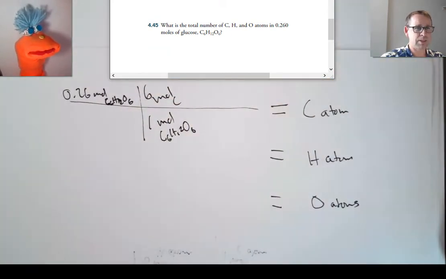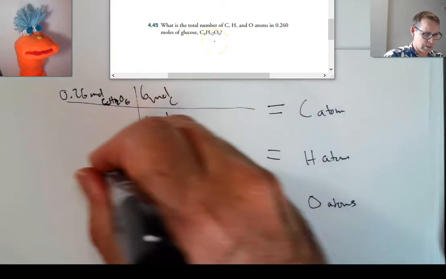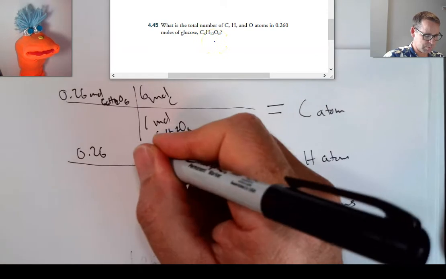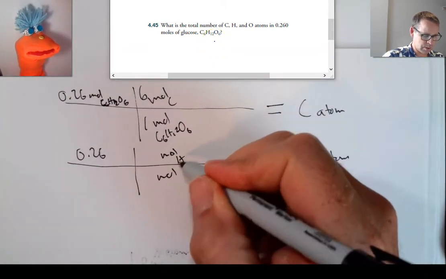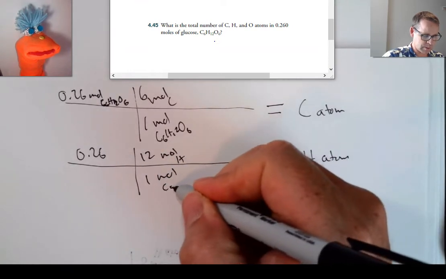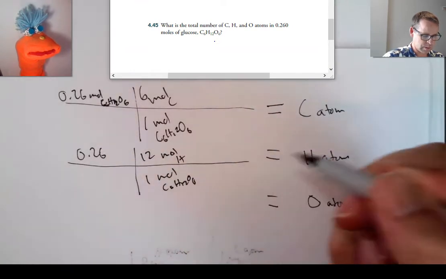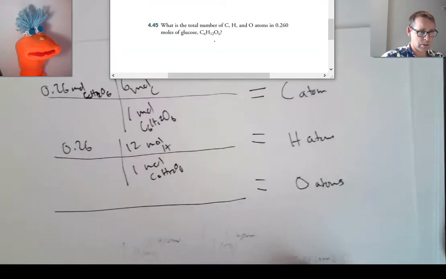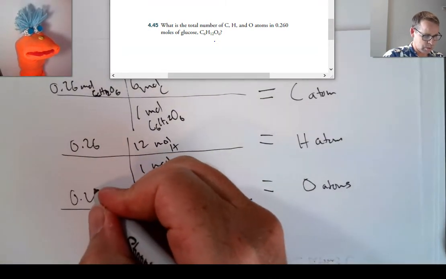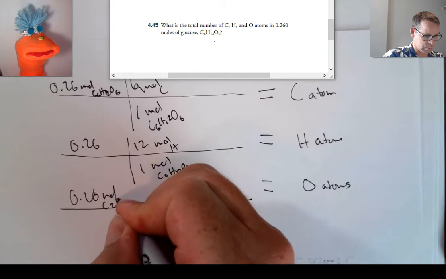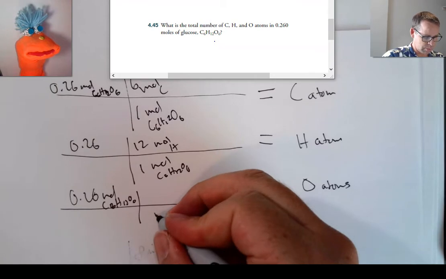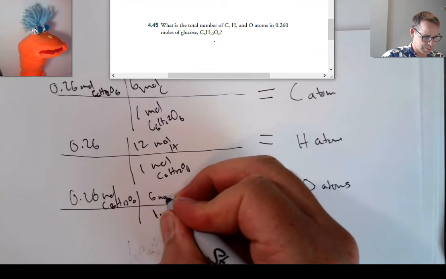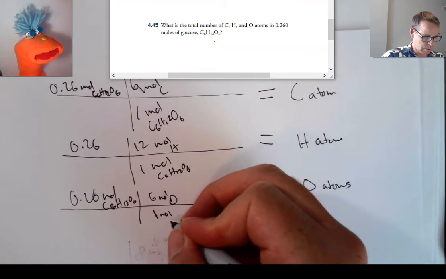Very good, right? Because it says there's 6 carbons. Okay? So you can see that each one of these is going to have to be 0.26 moles of that material, right? For every mole of hydrogen, it's 12 for every one of the C6H12O6. This one here, oxygen, is going to be 0.26 moles of C6H12O6. And for every 1 mole there, 6 moles of oxygen, right? Yeah, okay.